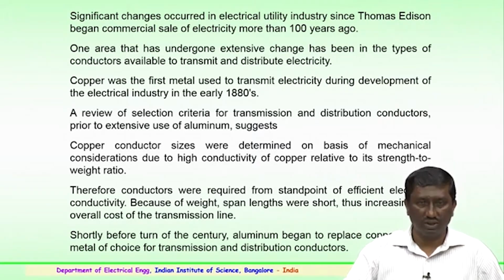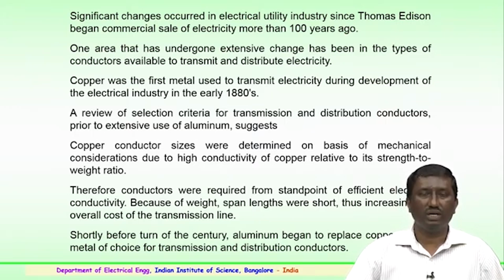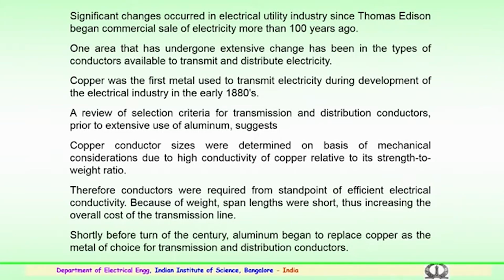That is an important point to be noted here. Because of copper's weight, the span lengths, the tower to tower distance, had to be short, thus increasing the overall cost of transmission in the case of copper.